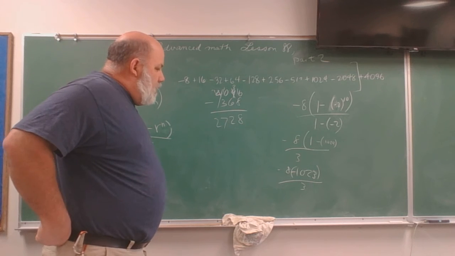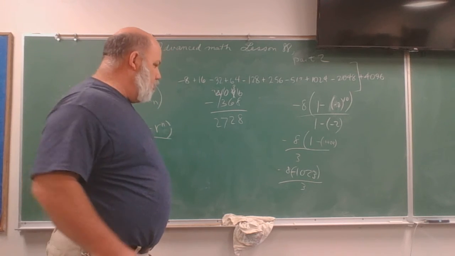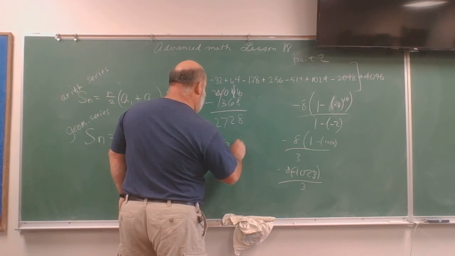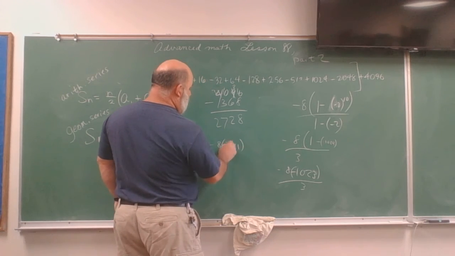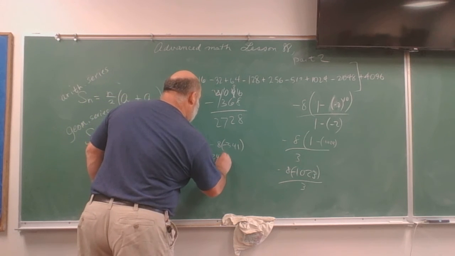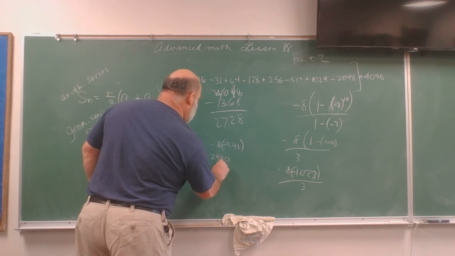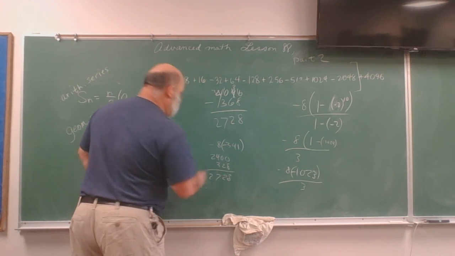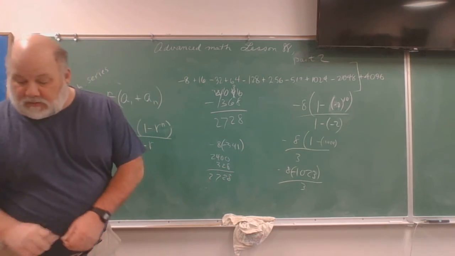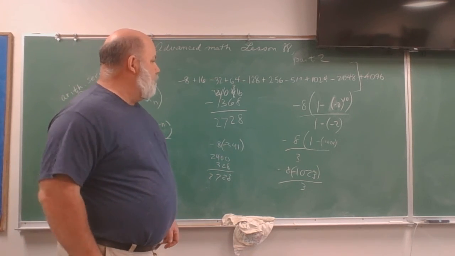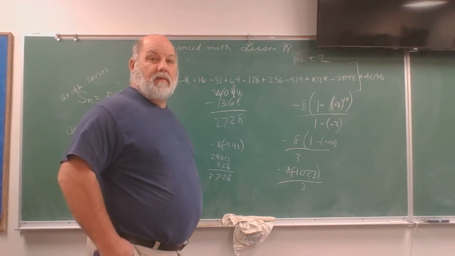It's going to be 341. Negative 8 times 341, or negative 341. So it's going to give me positive 2,400 and another 328. 2,728. Yes, 2,728. Hey, we all make mistakes. Forgive me. I'll put it in the description that, hey, I made a mistake.